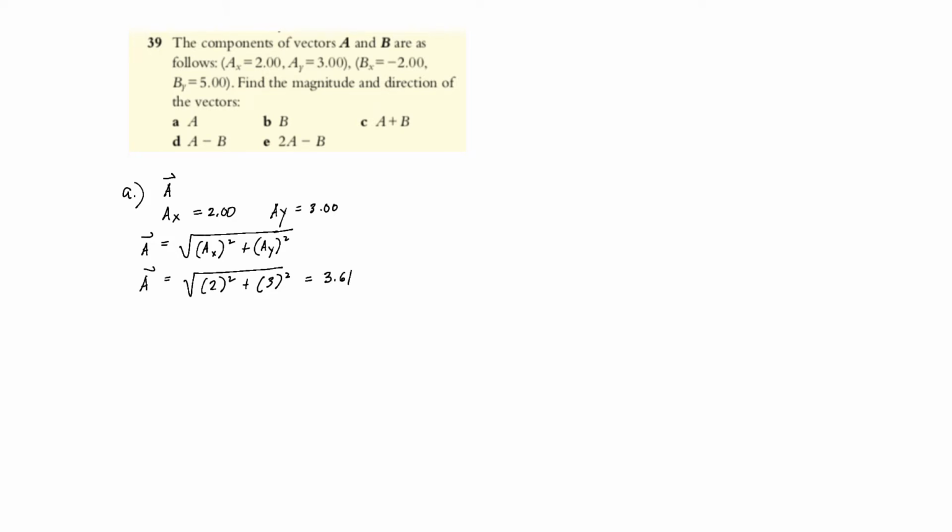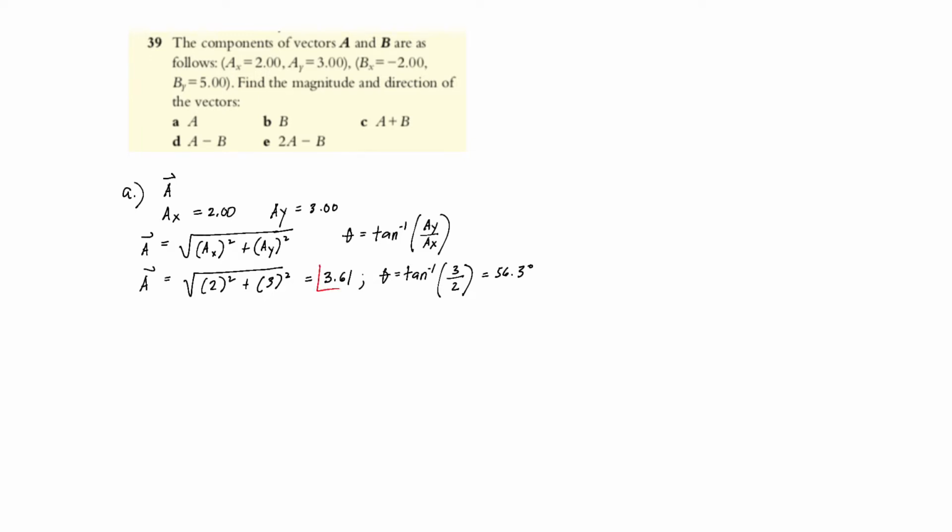And then at what angle? Remember that the angle can be gotten from the arctan of ay over ax, so this will be the arctan of 3 over 2, and that is 56.3 degrees.